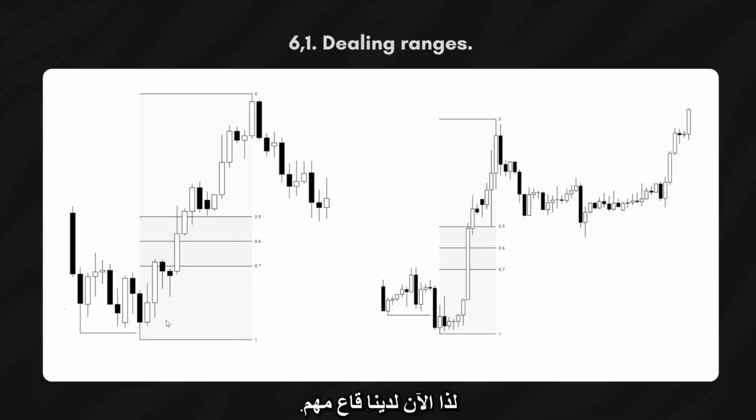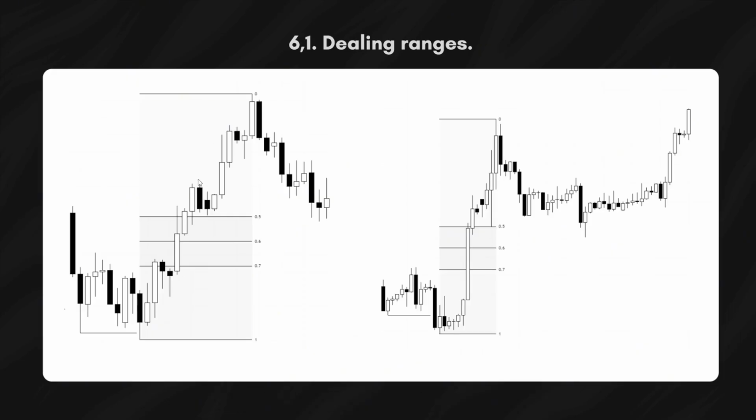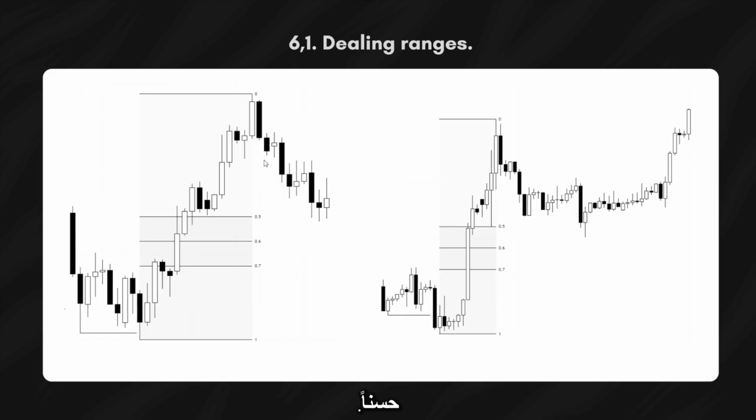Okay, so now we've got a significant low. The next thing that we need is a significant high. But before I show you how this high is a significant high, or this high isn't, let me first explain to you what sort of behaviors lead to a high or a low being considered a significant one.